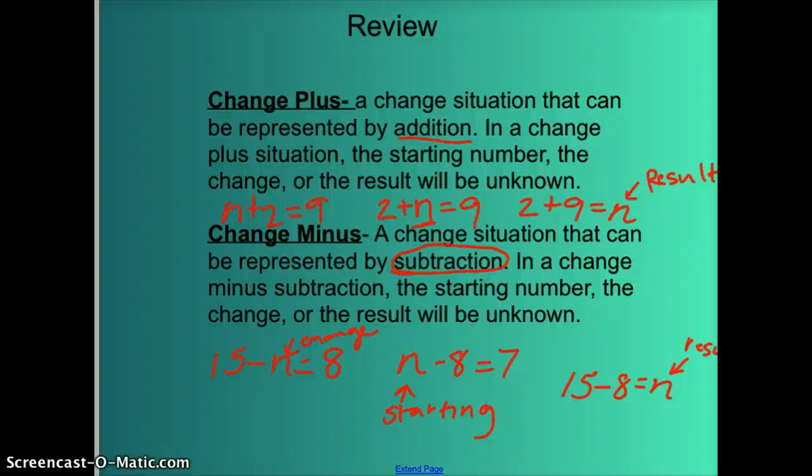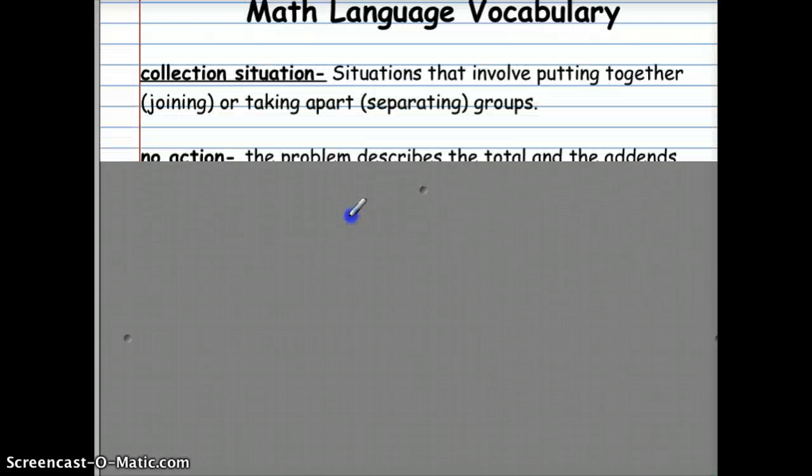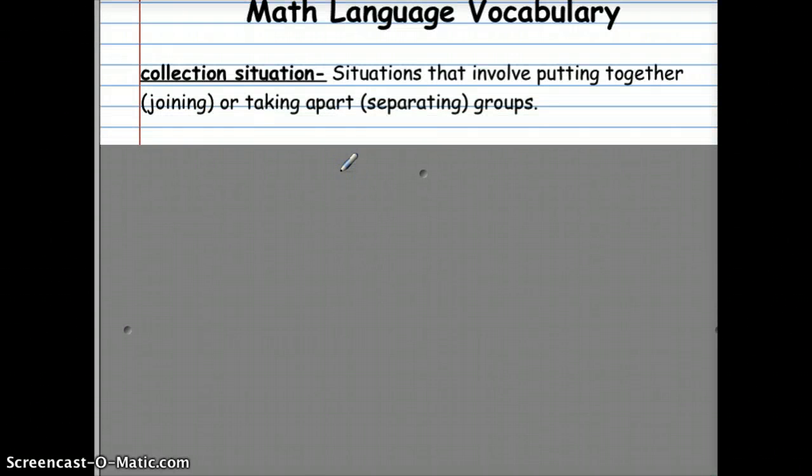Alright, next you will need to get your vocabulary out. We're going to start with a collection situation. A collection situation is a situation that involves putting together or joining, or it could be taking apart, separating groups.